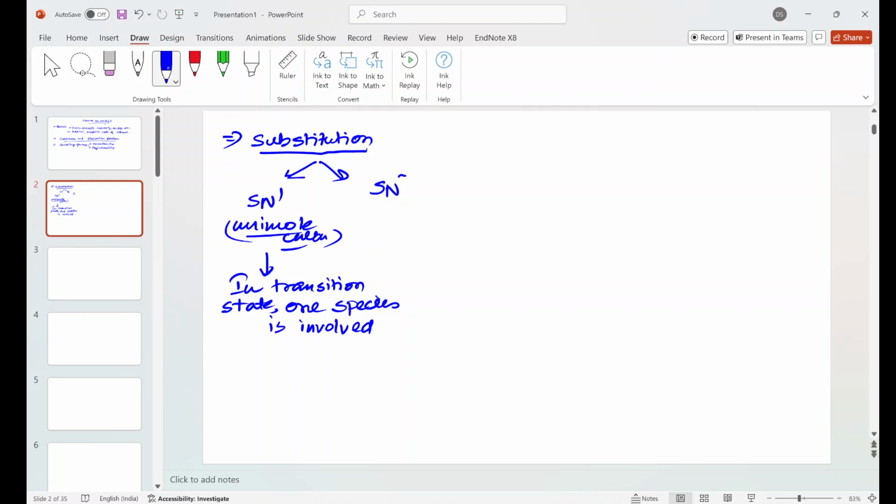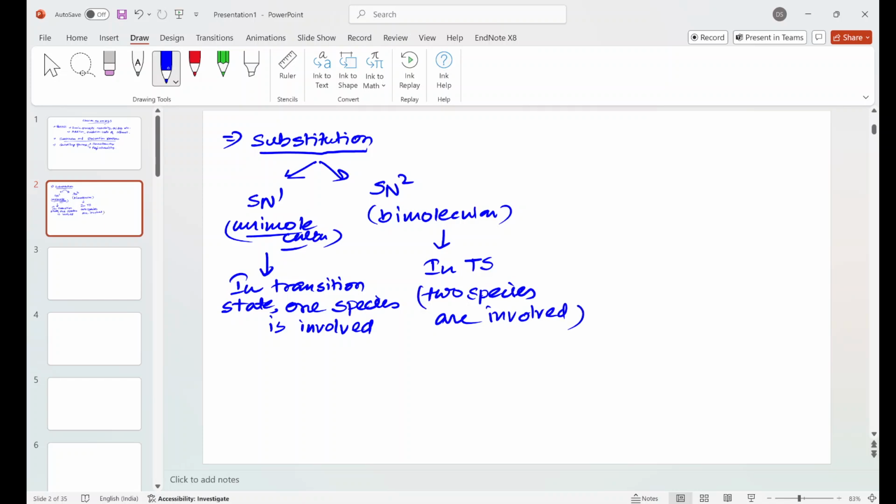And the other one, which is called SN2, is called bimolecular, because in the transition state, two species are involved.